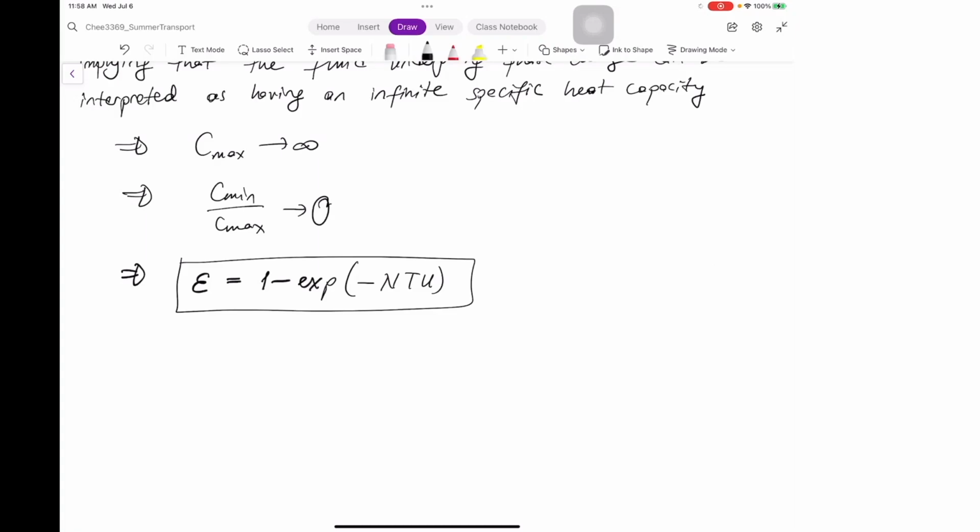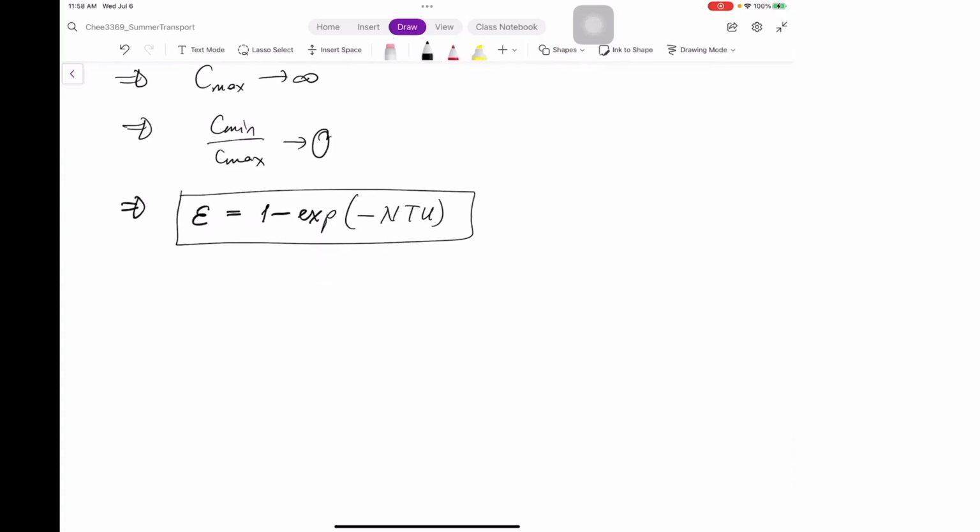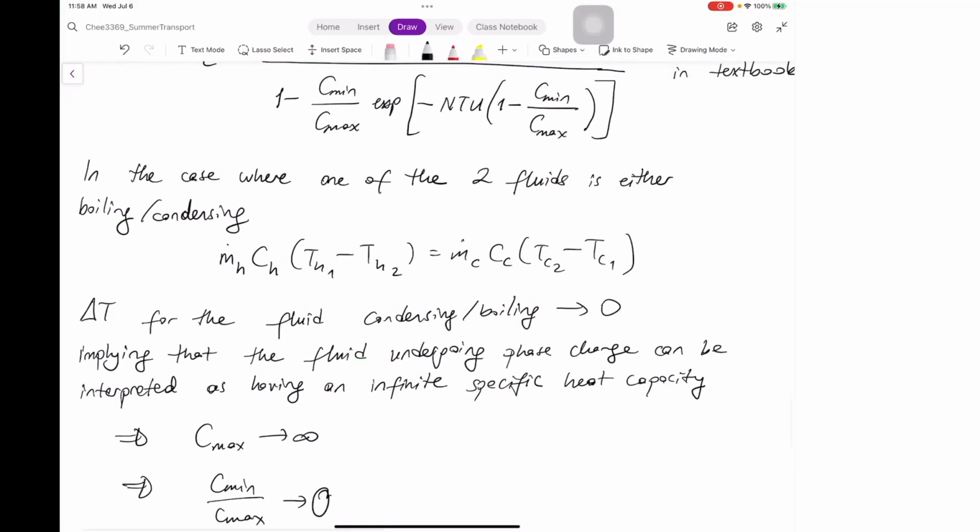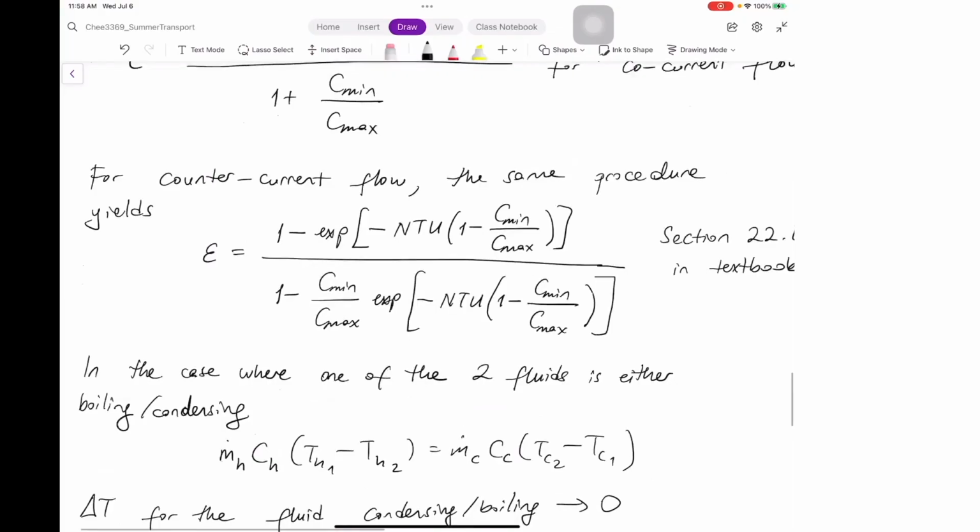Okay, so now let's make sense of what we had done so far. Now, with the number of transfer units method, as long as you know the C_min and C_max, right, and also the U and A, we can find the epsilon from this equation.